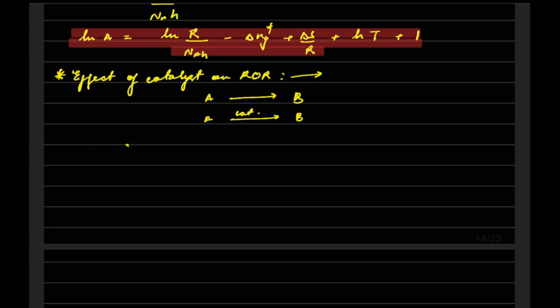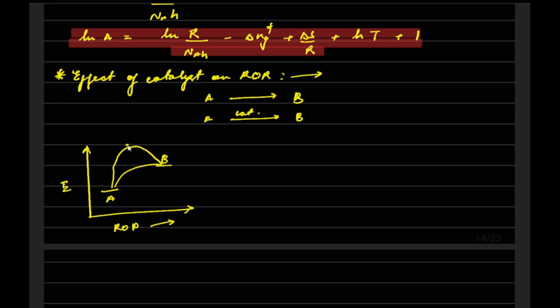we plot a graph for activation energy, and this is for the reaction A and this is for B. This is the activation energy versus the reaction path, or reaction progress.